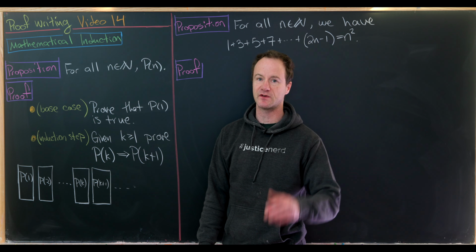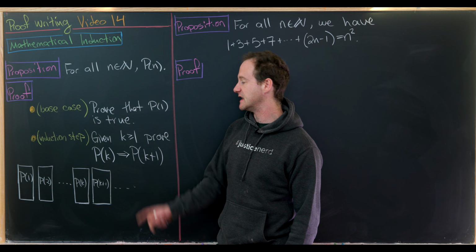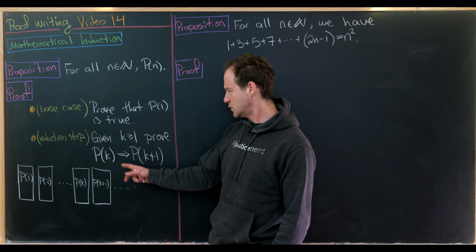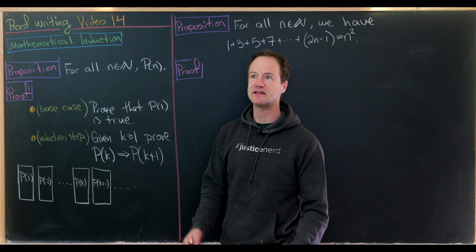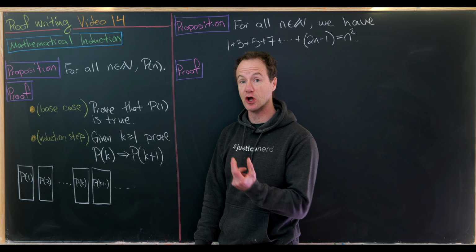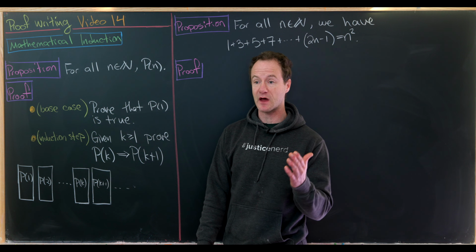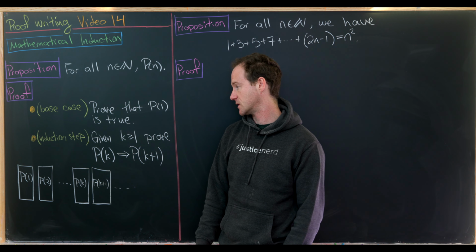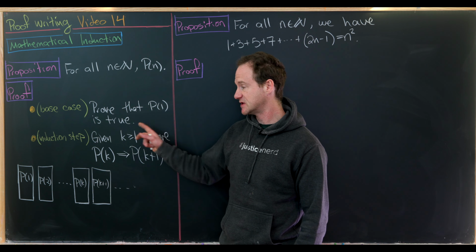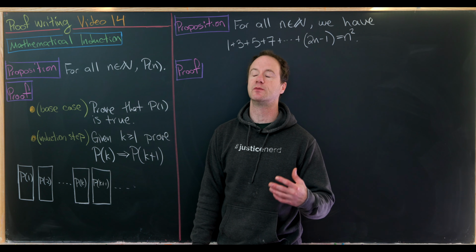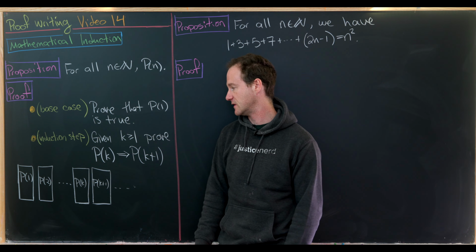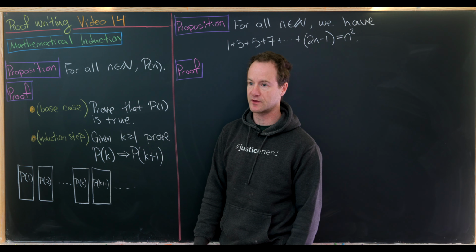And then the induction step, which shows that P(k) implies P(k+1), is like checking that the dominoes are close enough together so that one knocks over the next one. So if this induction step holds, then pushing over P1 will push over P2, which will push over P3, which will push over P4, and so on.